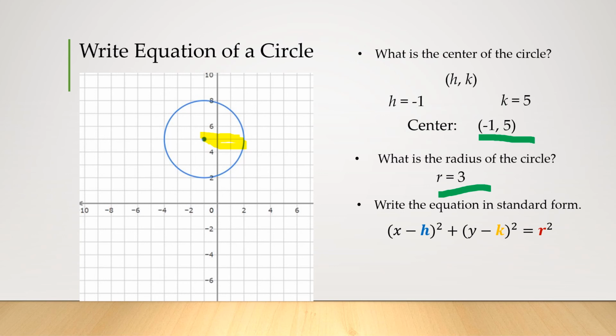And now we're going to replace 5 in the place of k, which remains as y minus 5. And 3 is going to be replacing the r, and r to the second power, which is 3 to the second power, will give me 9. So my final equation is x plus 1, and that's raised to the second power, plus the quantity y minus 5 to the second power is equal to 9.